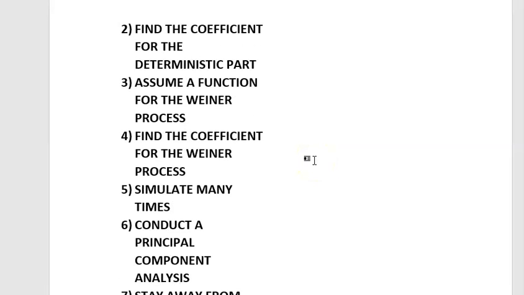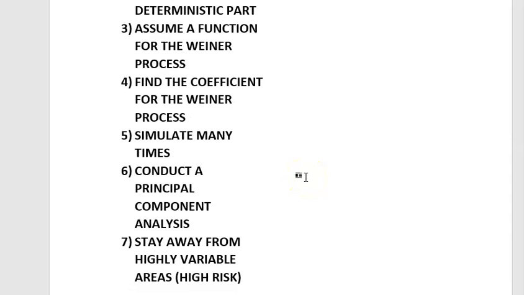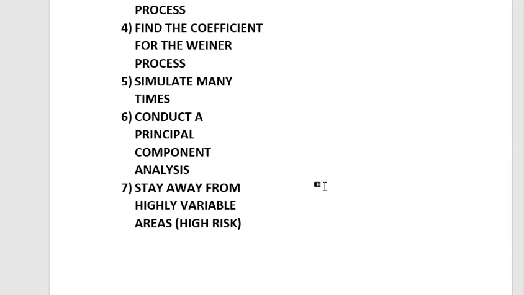This all has to be done using past data. Then you simulate many times and do a component analysis, and then you would know which area in the phase space is beneficial to you.